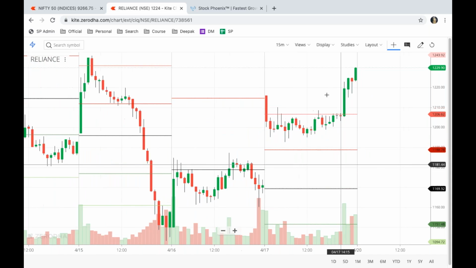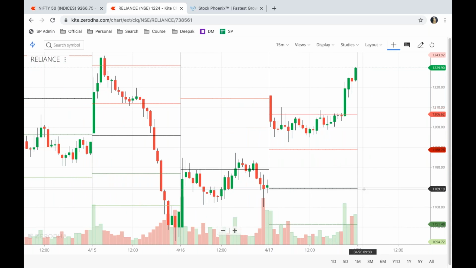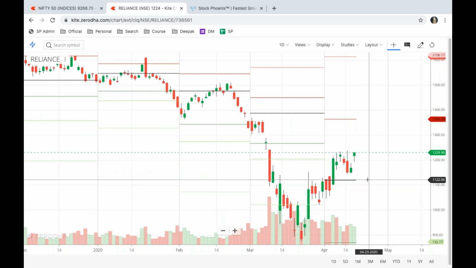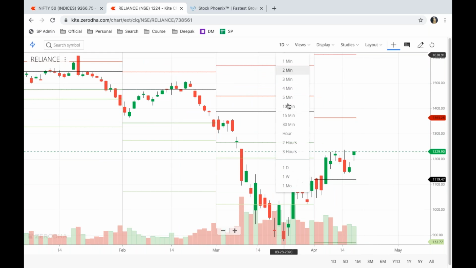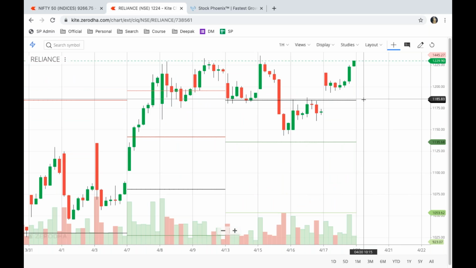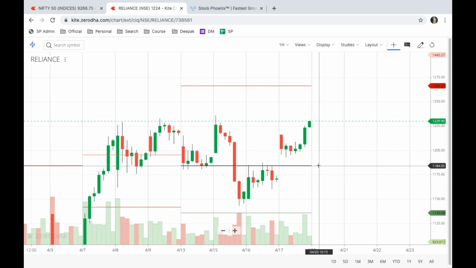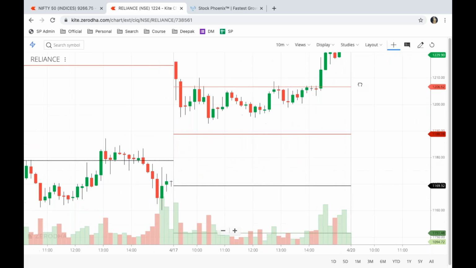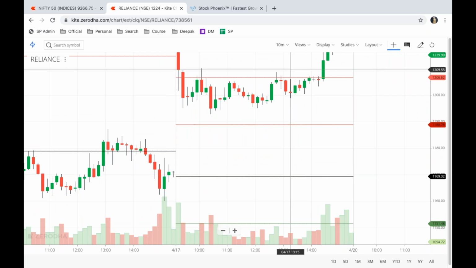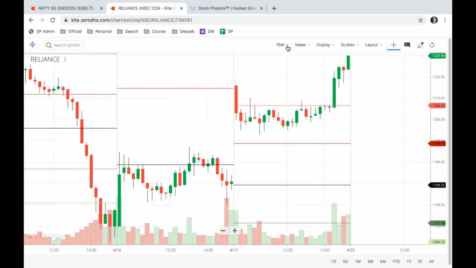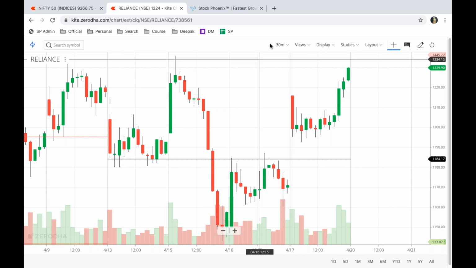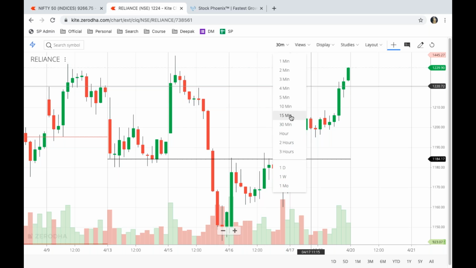You can see here when I change to 15 minutes, the pivot point is 1169. When I change to 1 hour, still the pivot point is 1122. How is it changing? It should be the same. Okay, sorry, 1 hour, I made a mistake. 1184. 1169. 1184. Okay, there are some data changes. Okay, let's go by this.